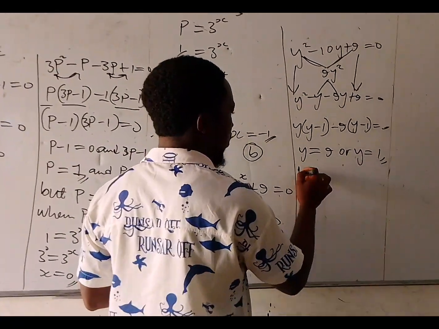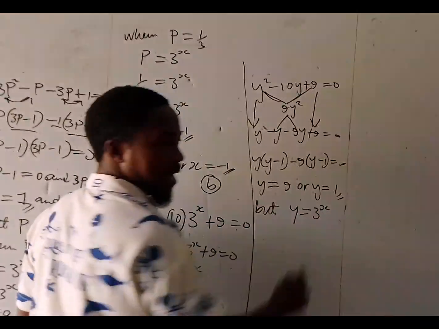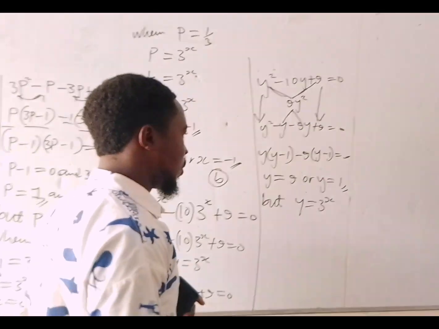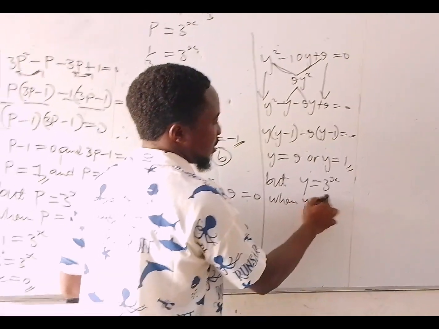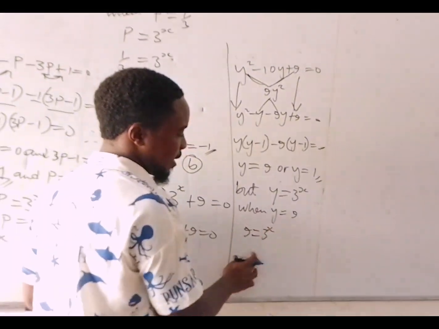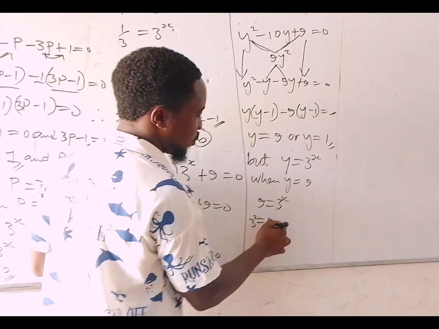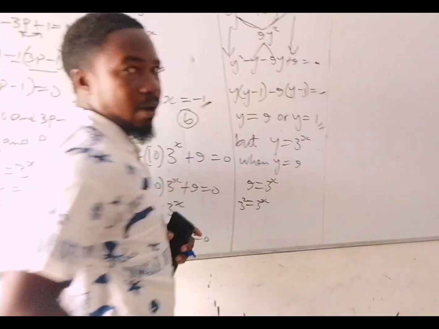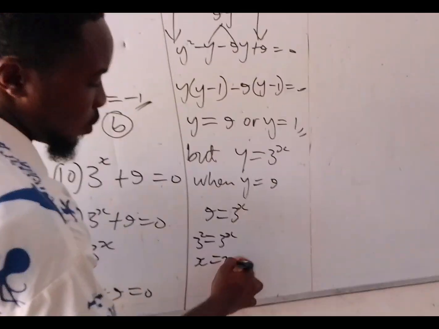So now, but mind you that our y is equal to 3 raised to power x. I'm sure you're following. So when y is equal to 9, we substitute here. We have 9 is equal to 3 raised to power x. So 3 raised to power 2 will give us 9 equal to 3 raised to power x. The bases are the same, so we go with the powers. So this is x is equal to 2.